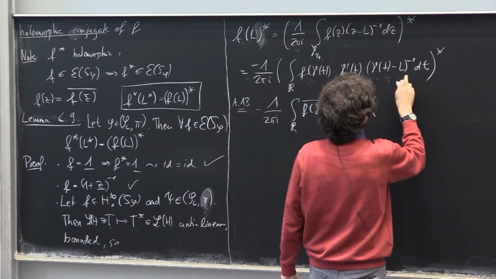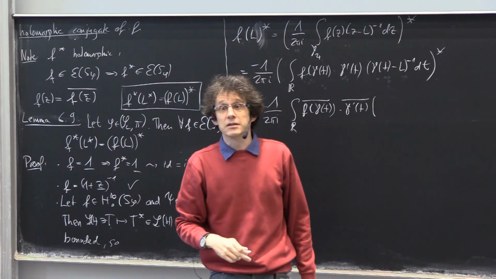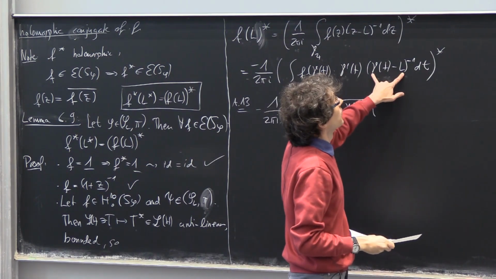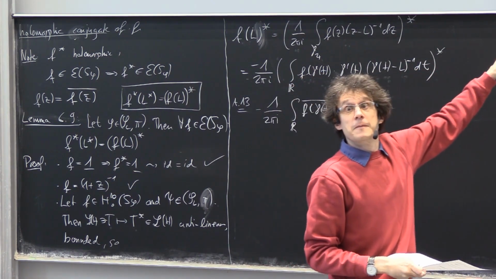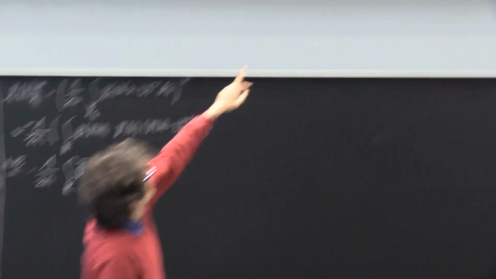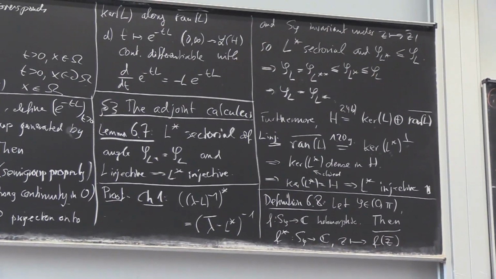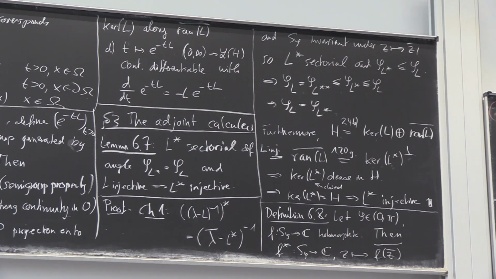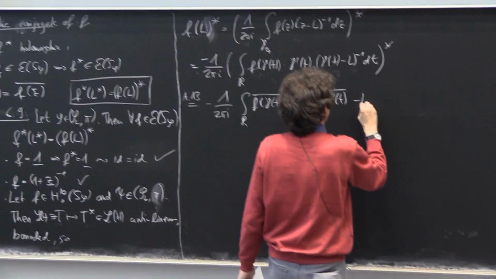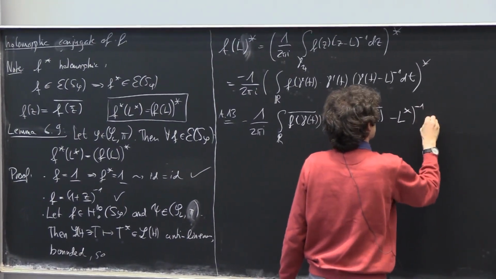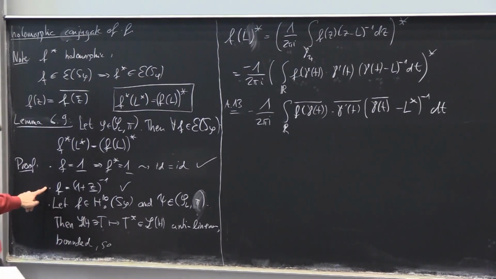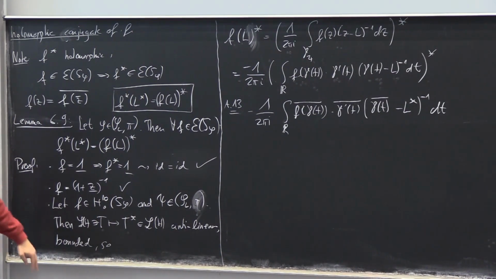And what happens here? Now the nice thing is this is a resolvent, so we know what happens if we star this one. This is again the formula up there. If you star a resolvent, this gives you the resolvent of the starred operator at the complex conjugate parameter. So this gives you (gamma(t) bar minus L star) to the minus 1. So this is again the second case, the case for resolvents.